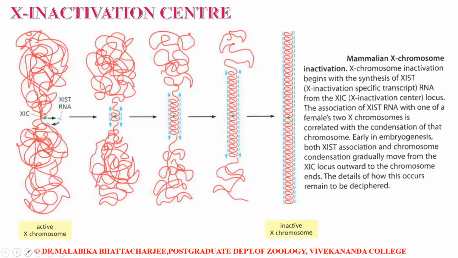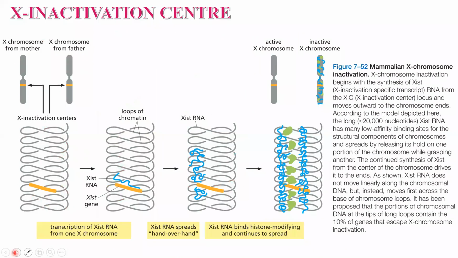There is another picture, from Bruce Alberts. This second picture is from the present edition. As you can see, this is the XIST gene, and they have shown the X inactivation center. This is a picture of one chromosome, and the XIST RNA is coming out from the XIST gene.